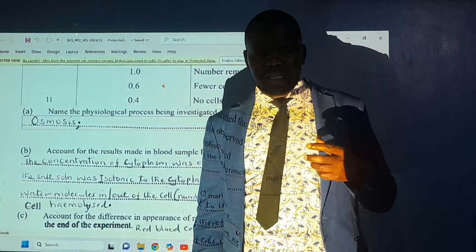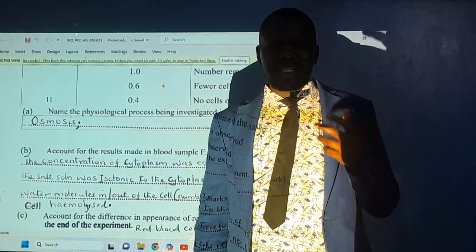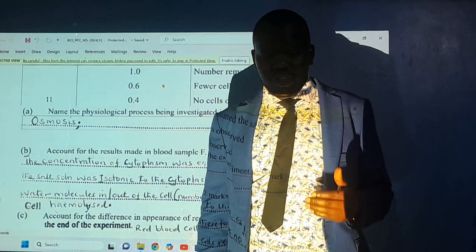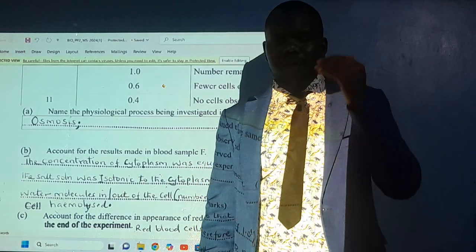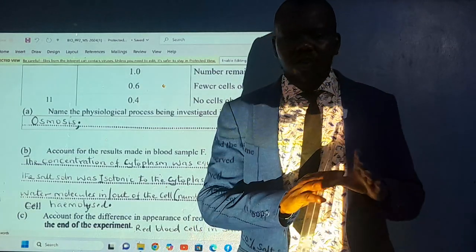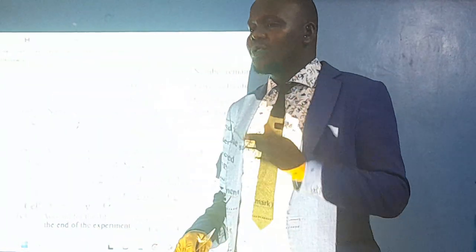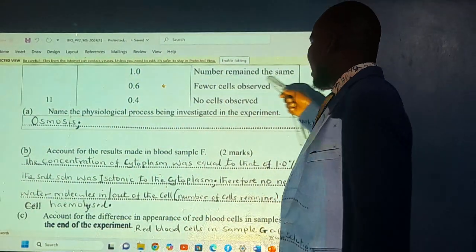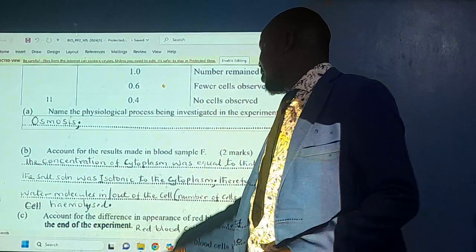Our solution given is 1.0% concentration. Our red blood cell is in equal concentration to that solution, so the solution is isotonic, and because of the isotonic nature, there is no net movement of water molecules in and out of the red blood cell, and that is why the number of red blood cells remained the same.